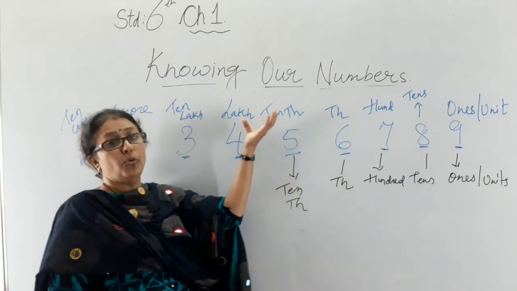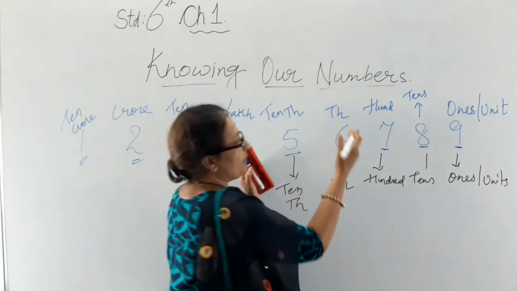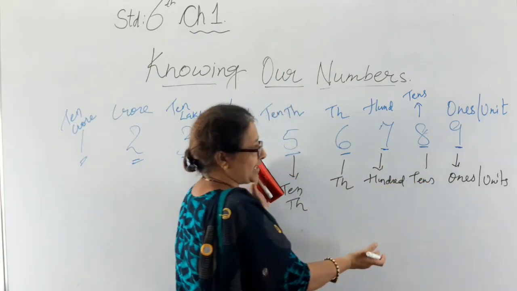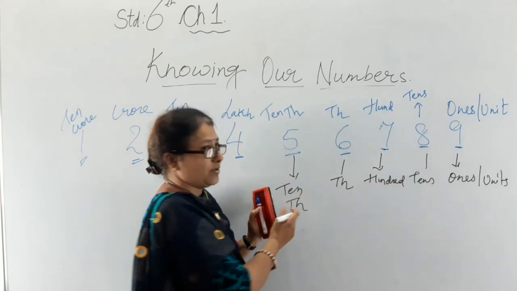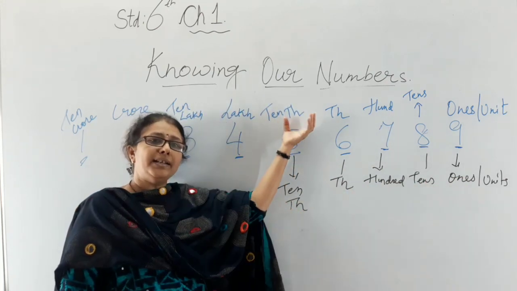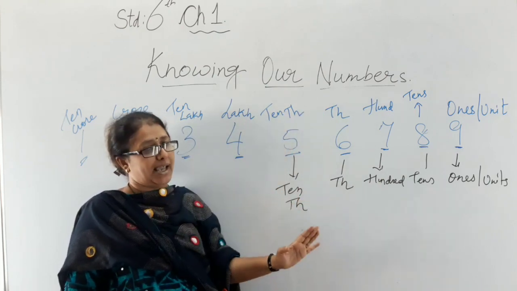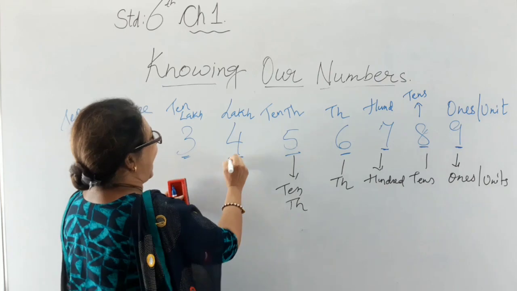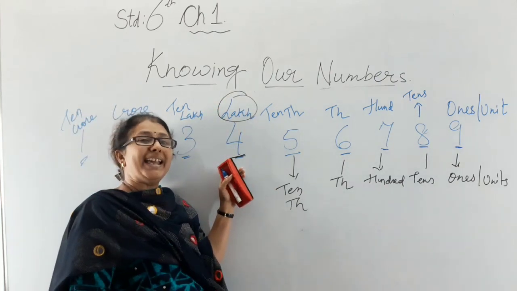But now when we are moving on to lakh, it becomes different. So when we are finding out the place value, ones, tens, hundred, thousand, 10,000, of Indian system or international system, both are the same. But when it comes to lakh, the place changes.